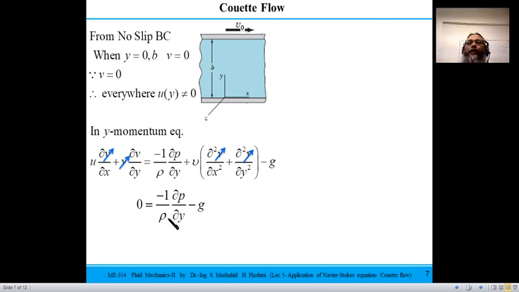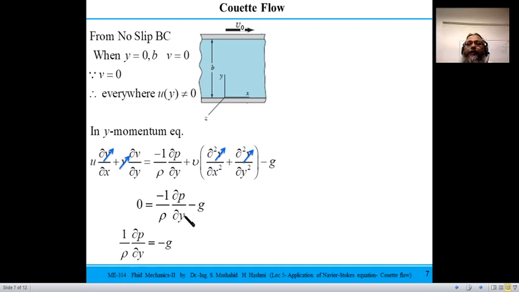You only end up with the pressure term and the gravitation term. As you know, it is rho g, but once you divide by rho, rho and rho cancel out, so you only end up with g here. This is simplified by taking the assumption that the velocity component in y is 0, so you end up with this simplified y momentum equation.